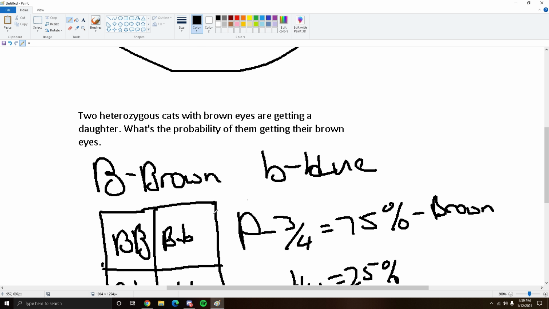As we talked about, the two heteros mean they have two different letters like this. There are two of them, two of the same cat. As I explained, this was blue eyes, this is brown eyes. The brown eyes outplayed the blue eyes, so now they actually have brown eyes. They're wondering if their daughter is going to get brown eyes as well.